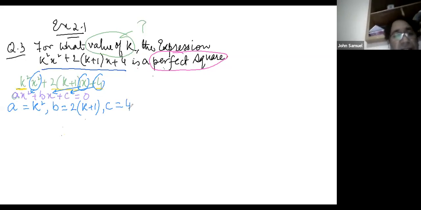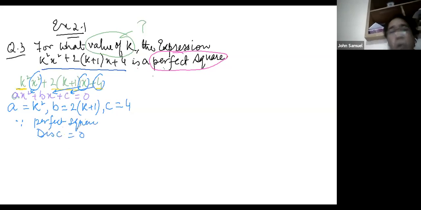My dear student, since it is given that it is a perfect square, we would say that disc is equal to 0.